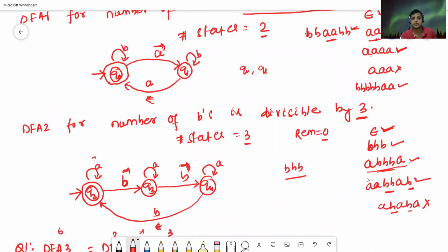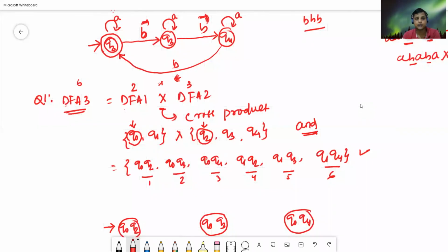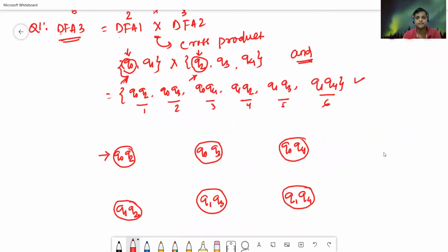Both are DFAs, so we need both final states. Here in DFA1, Q0 is the final state, and in DFA2, Q2 is the final state. Which state of DFA3 contains both final states of DFA1 and DFA2?